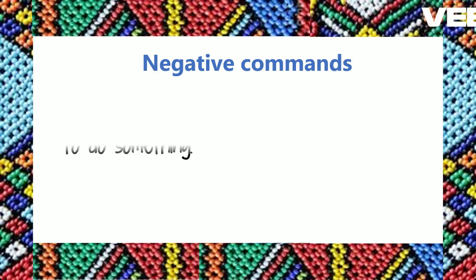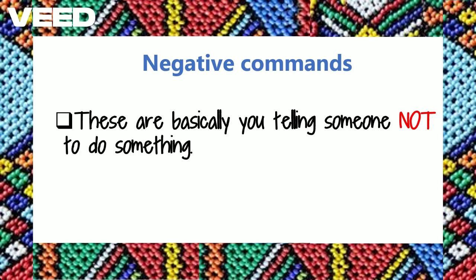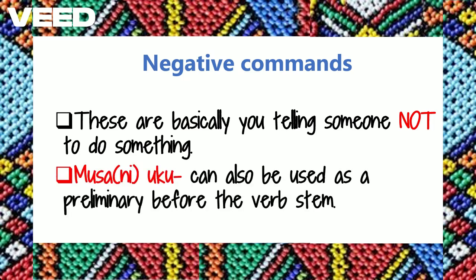Right, with negative commands, you're trying to tell someone or command someone to not do something. And we've got two forms, and I'll just show you this one form. So we put musani for plural and musa for singular. So here's the structure.